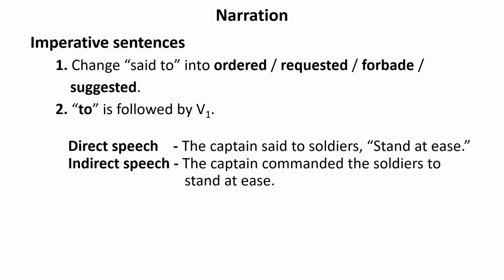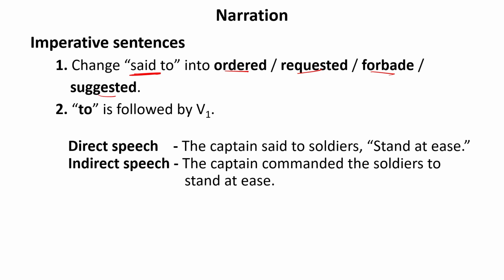The conversion of imperative direct sentence into indirect speech. So here, the word "said to" converts into ordered, requested, forbade, suggested, etc., according to the sense of the sentence. Imperative sentences are the sentences in which a person orders or requests or commands or forbids or prevents someone.